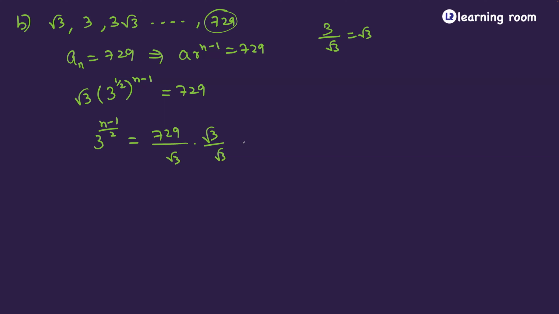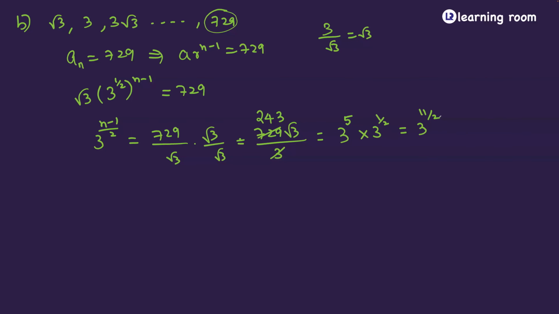So it is going to be 729 root 3 divided by 3, which will give us 243 root 3. 243 is basically 3 power 5, into root 3, and root 3 is 3 power half. So it will be 3 power 5 plus half, which is 11 by 2.